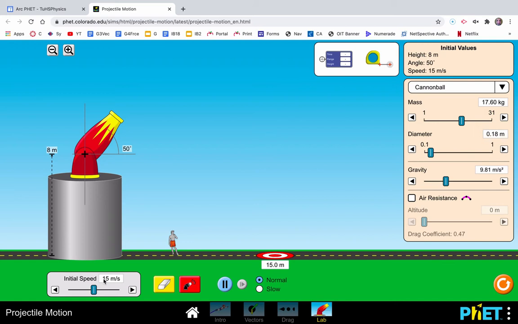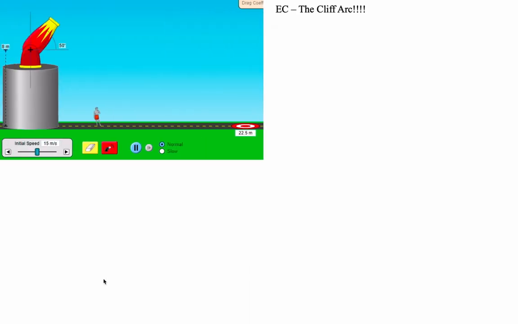So let me just talk you through this, and you can do the solving yourself. So what we're going to do here is set up a horizontal vertical table. Now notice that it's shooting here at 15 meters per second. So we're going to have to break this into components.